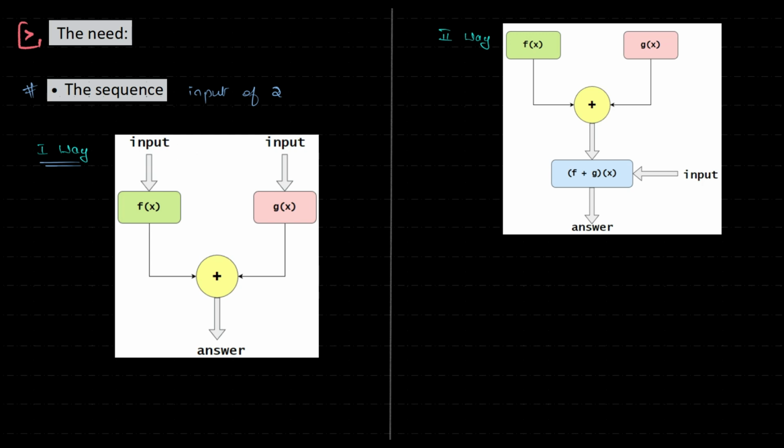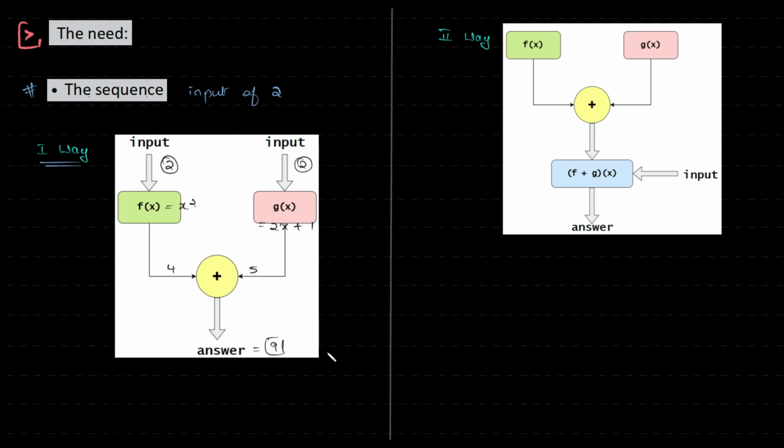I can put this input 2 into f(x) separately and g(x) separately. So what is f(x)? This is x square. What is g(x)? This is 2x plus 1. So what is 2 square? 4. What is this? 5. What is the answer? 9.